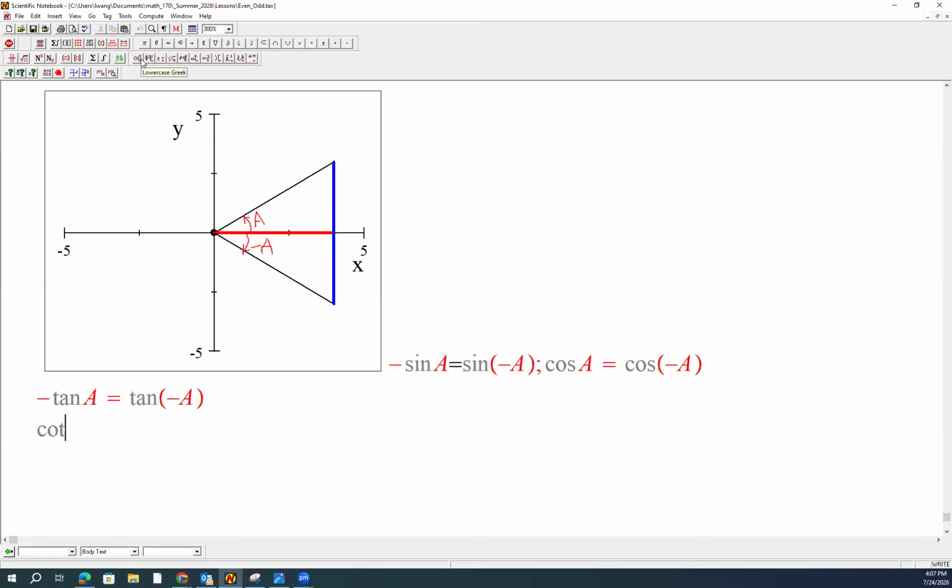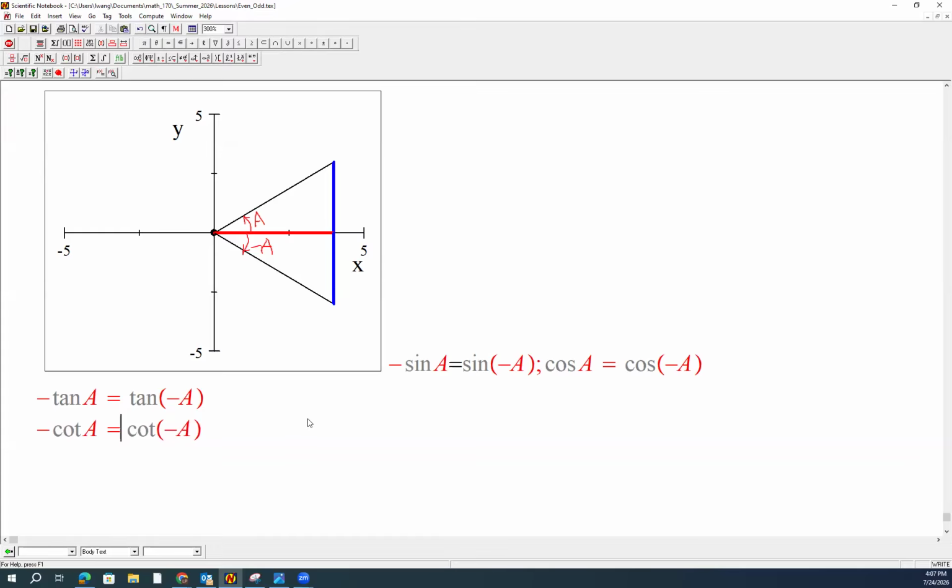If tangent is odd, cotangent A is red over blue, right? It's the same scenario. It's just the reciprocal of it. So in this case, cotangent is also odd.